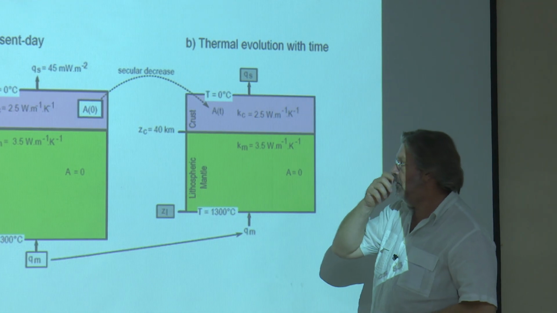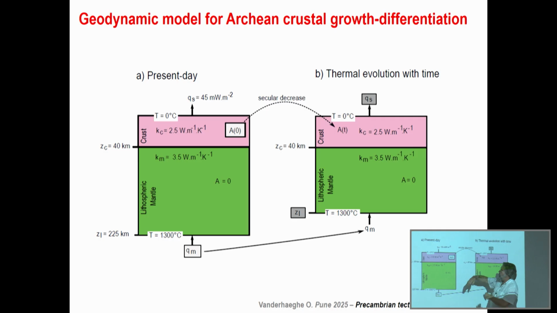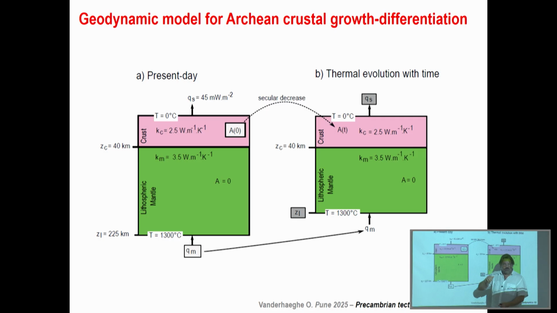So the idea here was to consider a generic craton with its 40 kilometer thick crust, a 225 kilometer lithospheric mantle, with conductivities for the crust and the mantle, and no radiogenic heat production in the mantle, a production in the crust, and then using the surface heat flux.